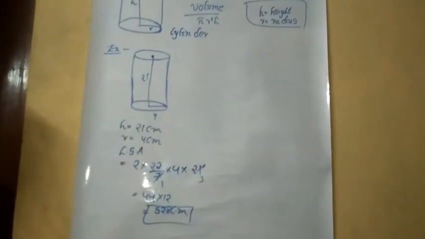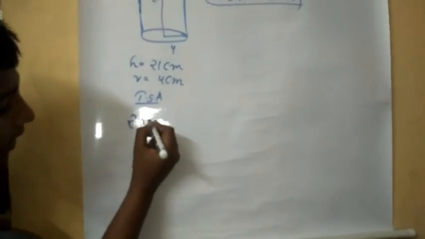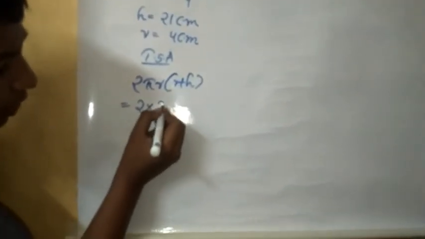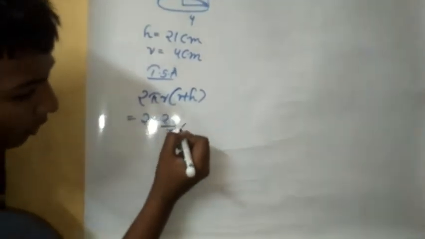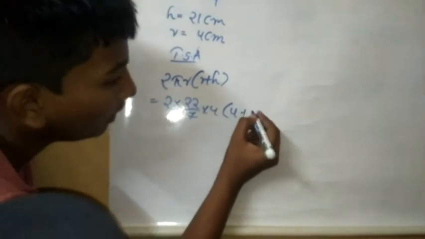So friends, let's do the TSA of this cylinder. The TSA formula is 2 pi R into R plus H is equals to 2 into 22 by 7 into 4 into 4 plus H value is 21.